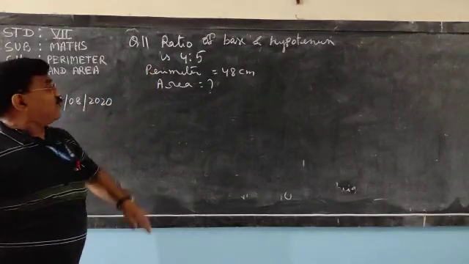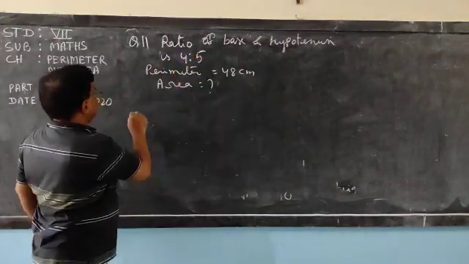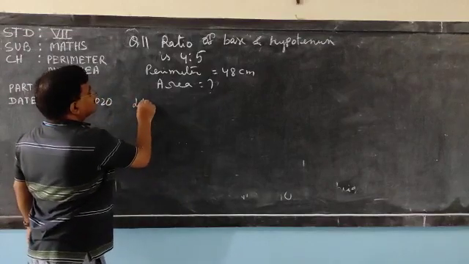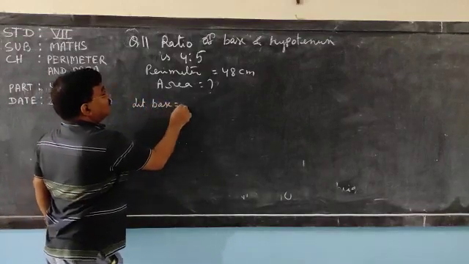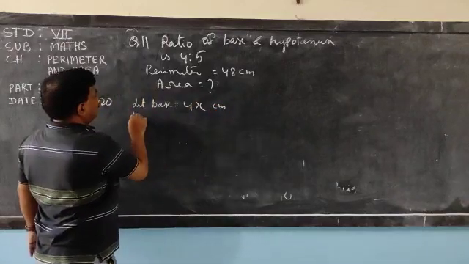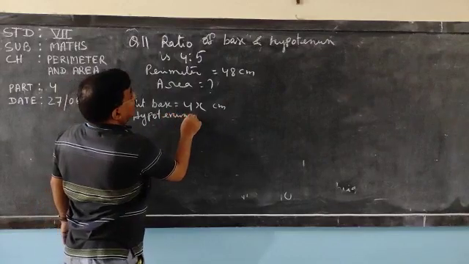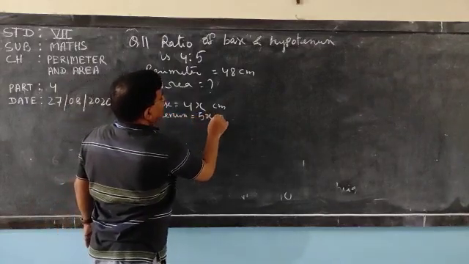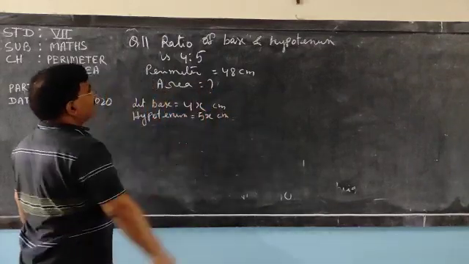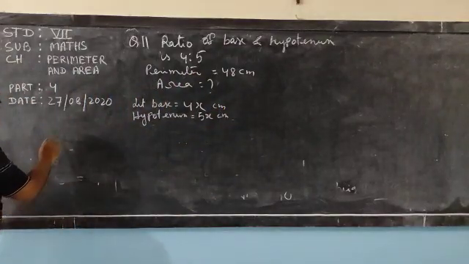See here, whenever a ratio type question is asked, let base is equal to 4x centimeter and hypotenuse 5x. Now since hypotenuse is given, it means it is a right angled triangle.